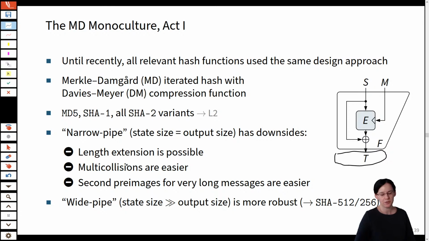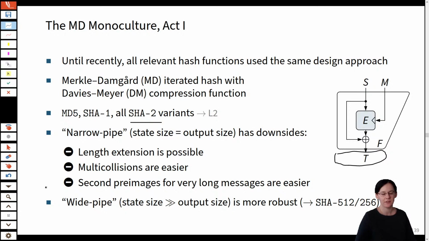There is one exception to this statement, namely, there are some variants of SHA-2 which are actually not narrow pipe but so-called wide pipe designs, which means that the intermediate chaining value is bigger than the final hash.